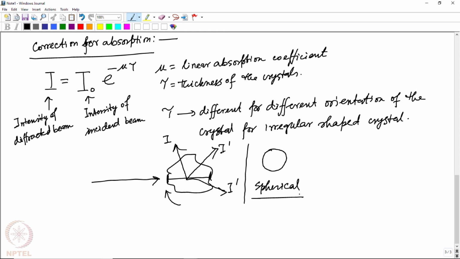If not possible, one should try to make the crystal a cubic shape, which is also very symmetric and is very close to a spherical shape. So, the absorption in all directions will be uniform and one can neglect the influence of absorption and collect the data and use the data as such without doing any absorption correction.